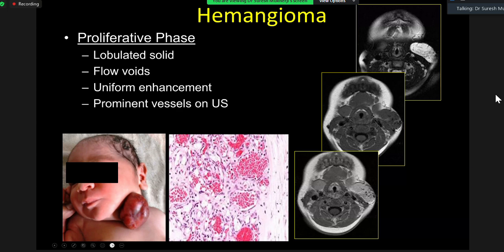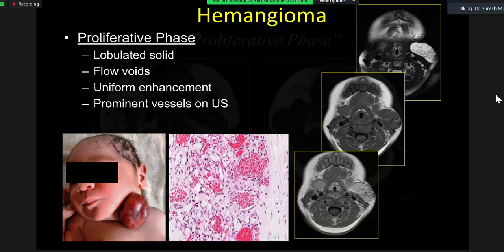So if you see these flow voids right here, that tells you that you're dealing, again, with a high flow lesion. And then when you give contrast, this thing homogeneously enhances. So you have two factors here that tell you it has high flow. You have it on the diffuse enhancement and then also the flow voids. And then if you do perform ultrasound, you're going to see these prominent vessels. So this is the classic example of a hemangioma in a proliferative phase.